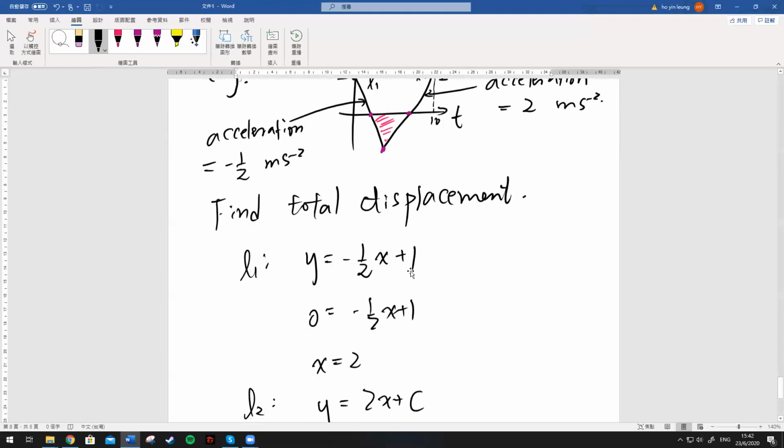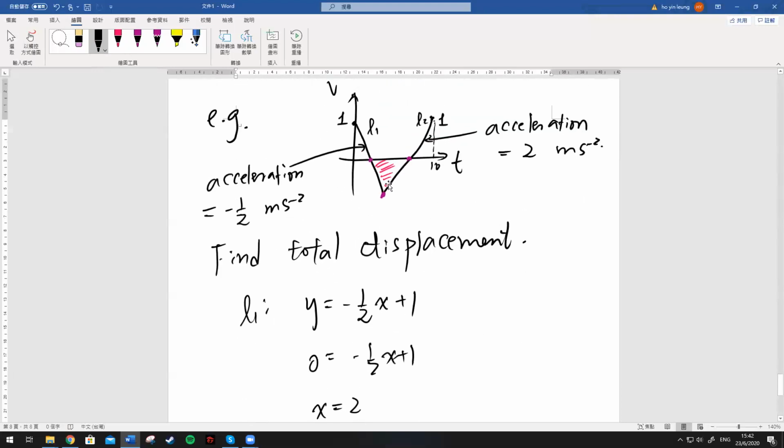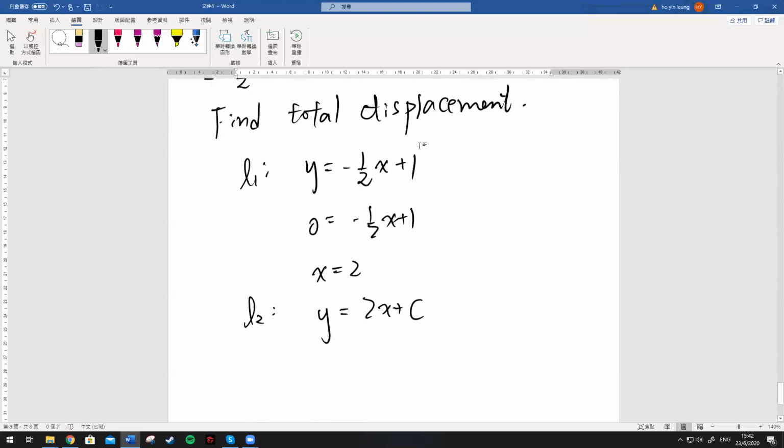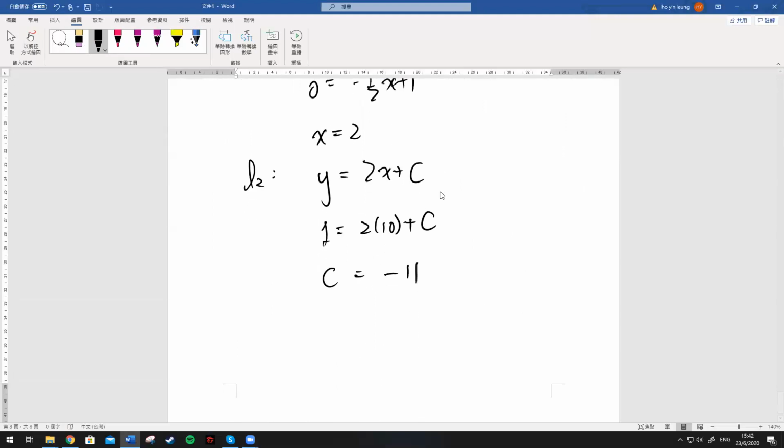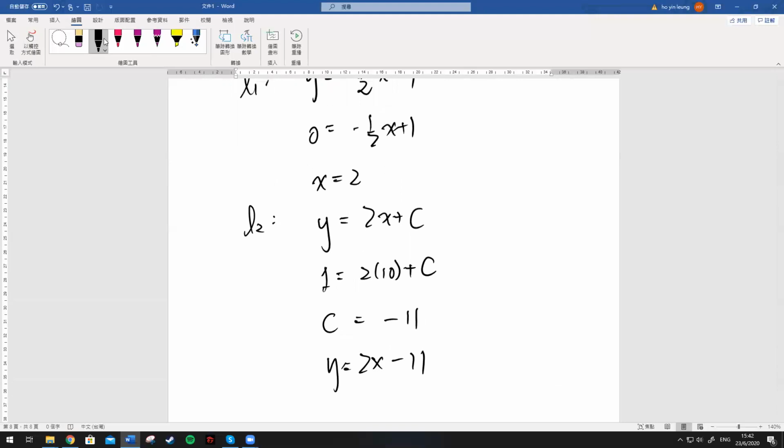So this straight line passes through (10, 1). So 1 equals 2 times 10 plus c. So c here is -19.